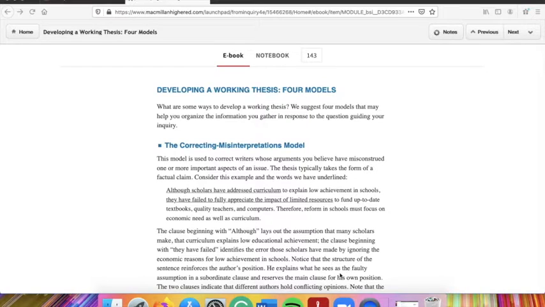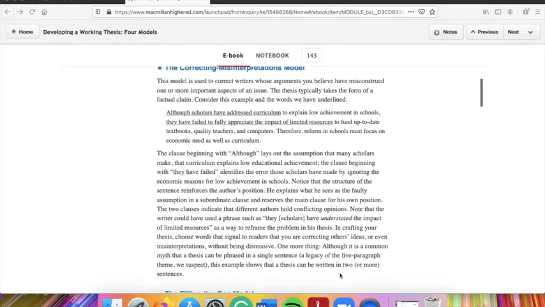But as you can see, that's what they're doing: they're saying, while looking at this, they fail to look at this. So that would be your way of developing a working thesis in this sort of model, telling people this is where we're going to look instead, and showing how you're going to be adding to the conversation and correcting a misinterpretation, or adding to a gap in research. This is almost the same as a gap in research as well, but they're talking about connecting the two.